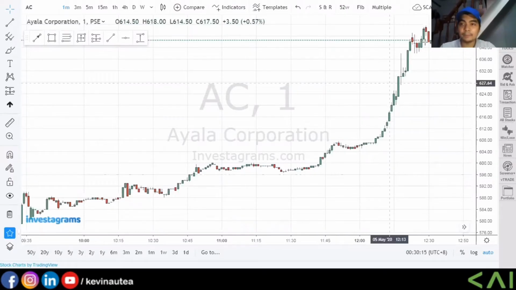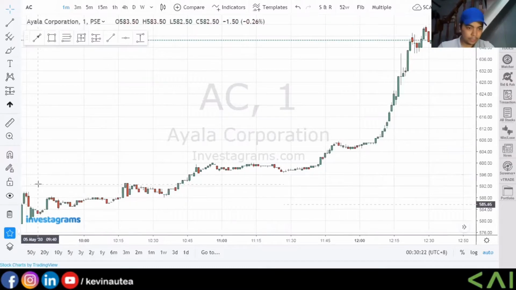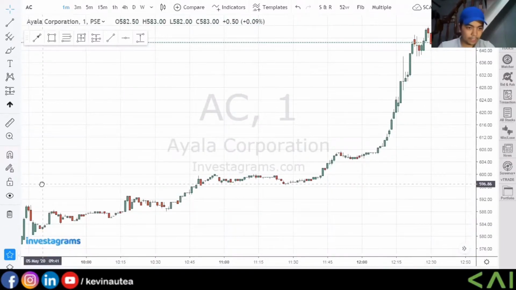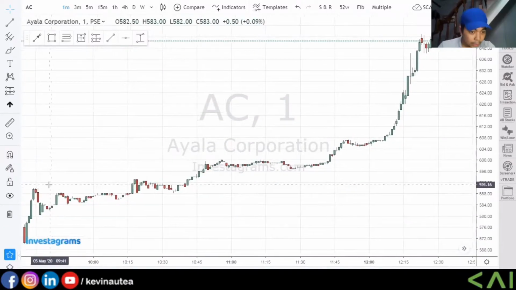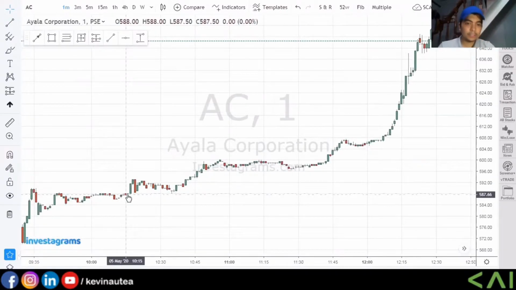I have here for the scalper, the first one, AC for this day. You can see that since the start of the day, 9:30, it is consistently going in an uptrend.